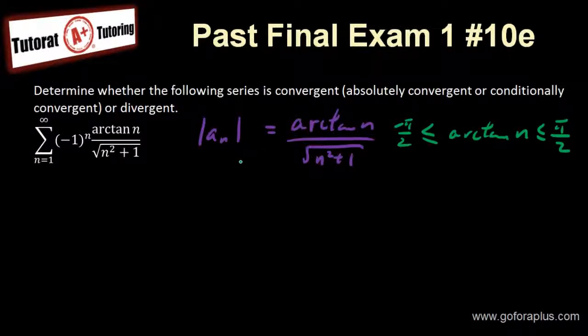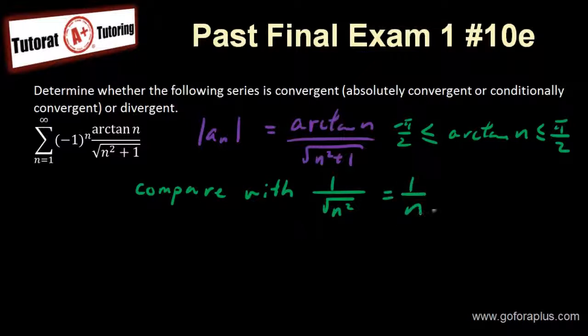So how do I want to compare? At the bottom, I have square root of n squared. So I would like to compare with 1 over square root of n squared, which is 1 over n. And this is diverging.